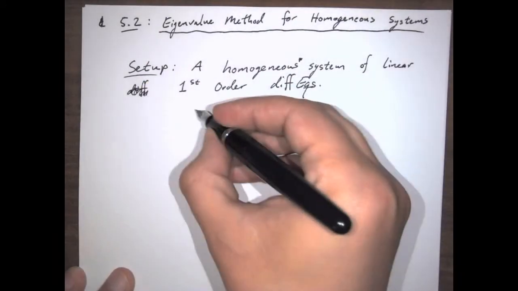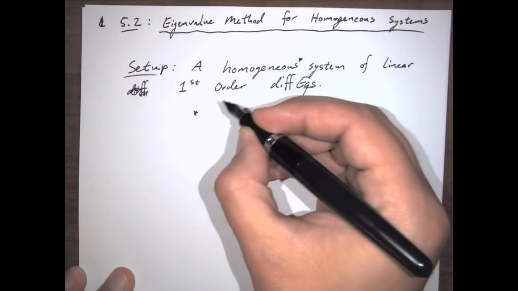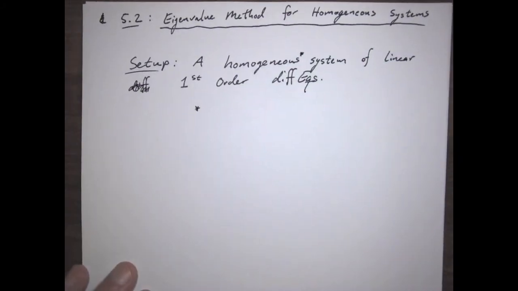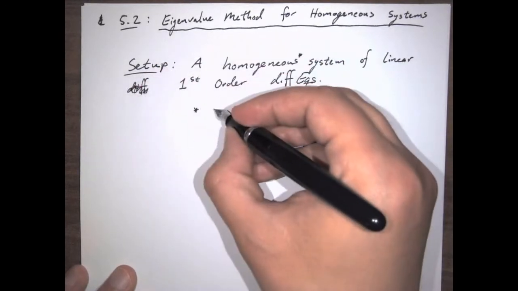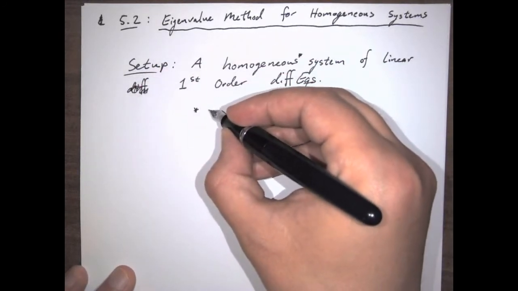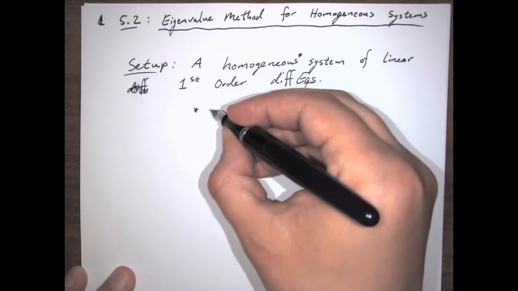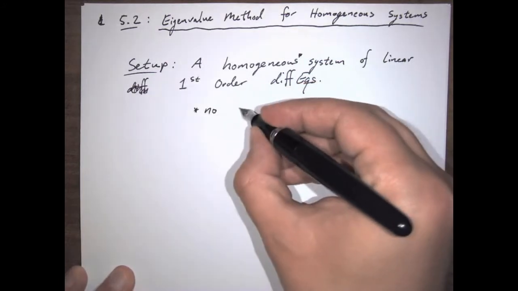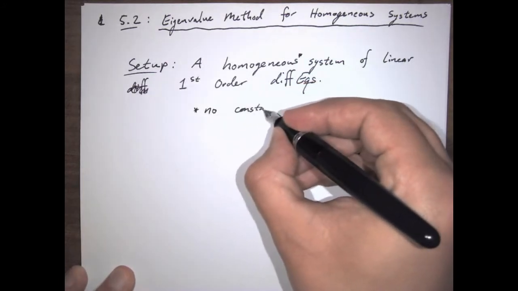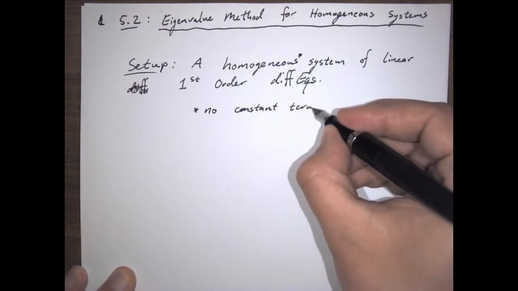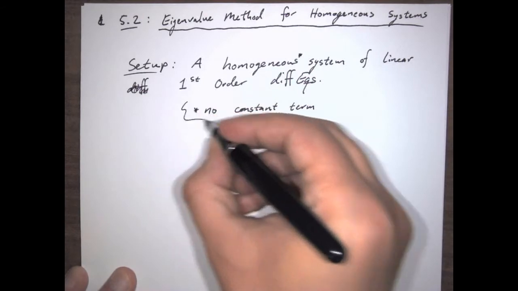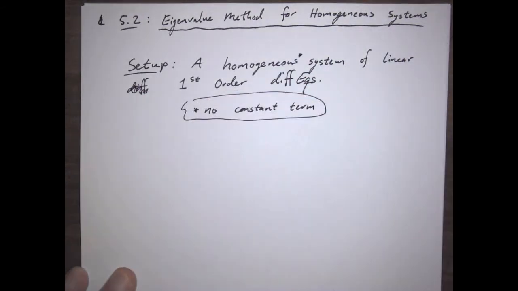What I mean by homogeneous here is the same thing as what I meant by homogeneous if we were just talking about a single linear first-order differential equation, namely that there's no constant term and there's no t term. No constant term is really the important thing about this.